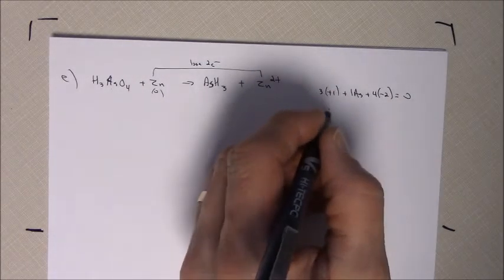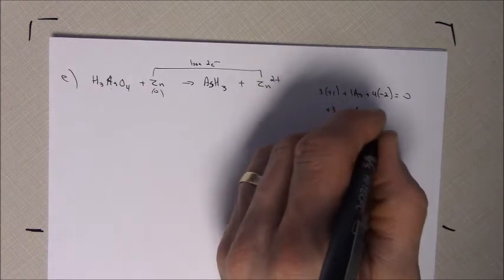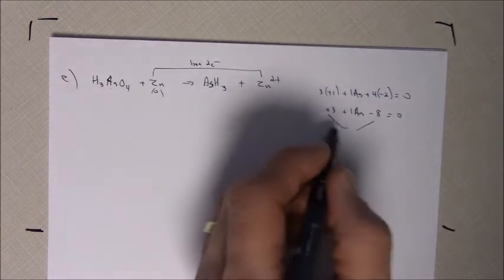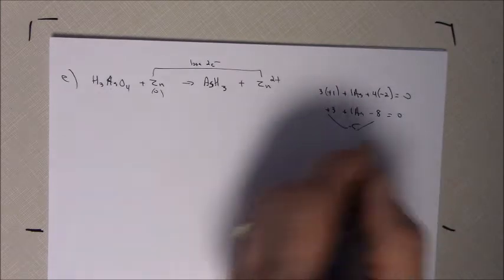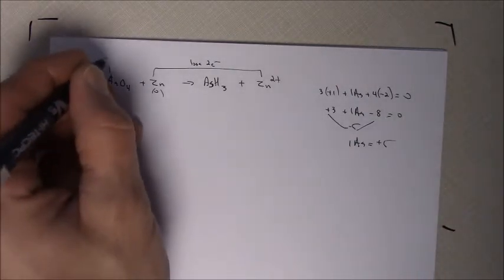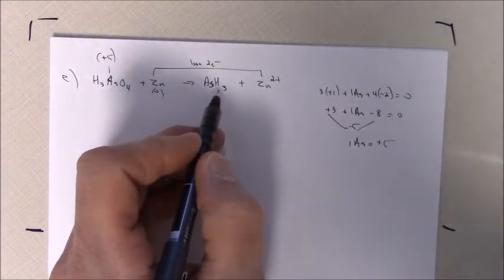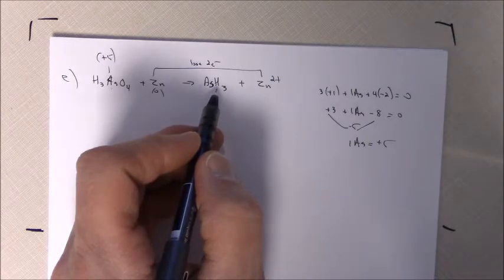So you've got plus 3 minus 8 equals 0. So this is a negative 5. Bring it over. So this is right here. It's at plus 5.